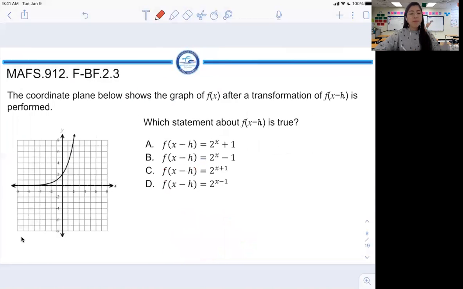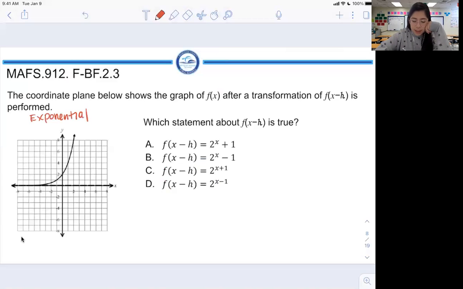All right. Okay, so that was a quadratic function. What's this one? Exponential, yeah.